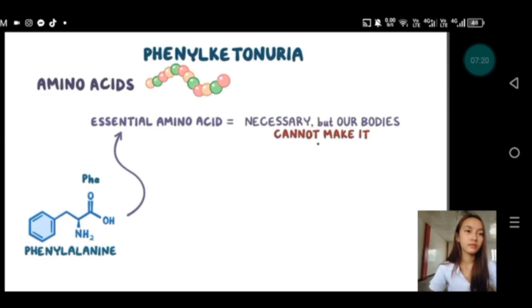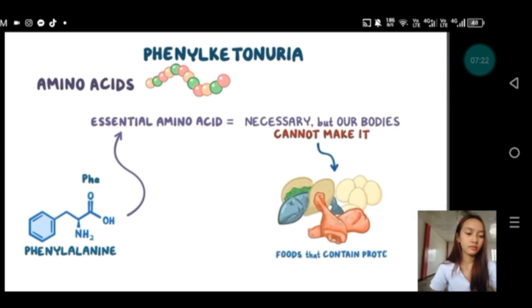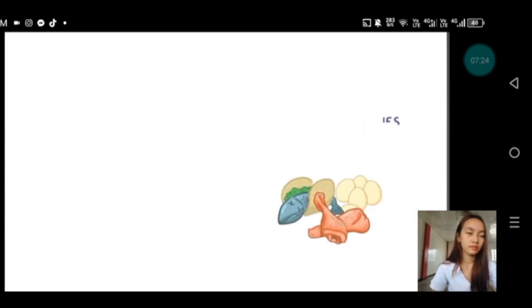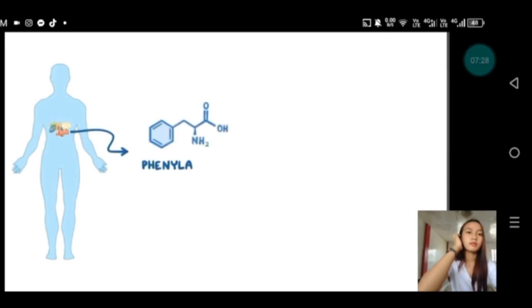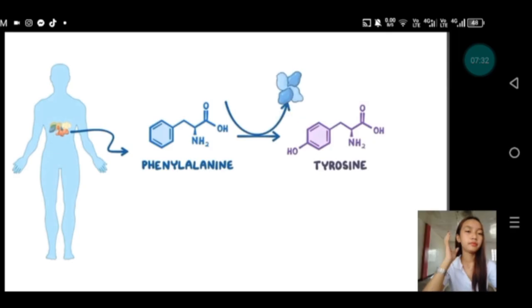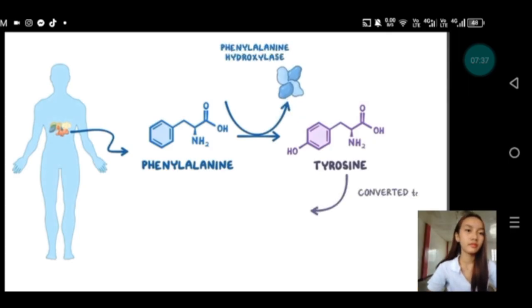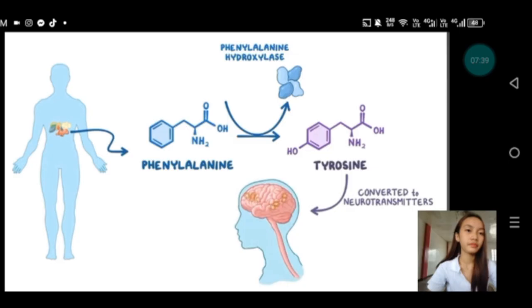So, phenylalanine must be acquired through foods that contain protein. Normally, once phenylalanine enters the body, most of it is converted to tyrosine by the enzyme phenylalanine hydroxylase. Tyrosine is then turned into neurotransmitters important for normal brain development and function.